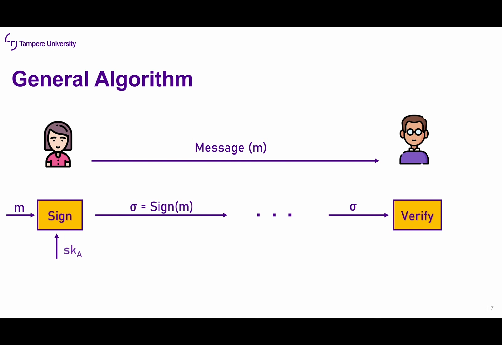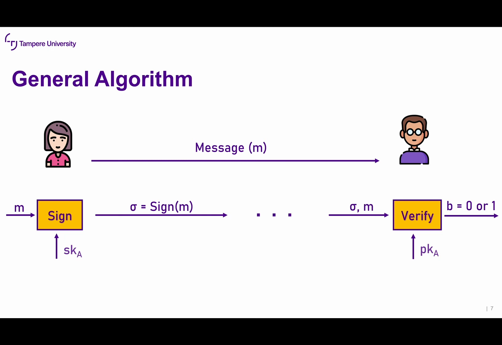Upon reception, Bob will give this as input to the verification algorithm along with Alice's public key, right? So we use Alice's public key, public information, to basically verify the signature sigma on the message that was sent to Bob. Now the verification algorithm will output a bit, 0 if the verification fails or 1 if the verification is successful. Now keep in mind that in order for the verification algorithm to work properly, we need to give as input also the actual message M that Alice signed, right? Without this M, the verification cannot work, right?